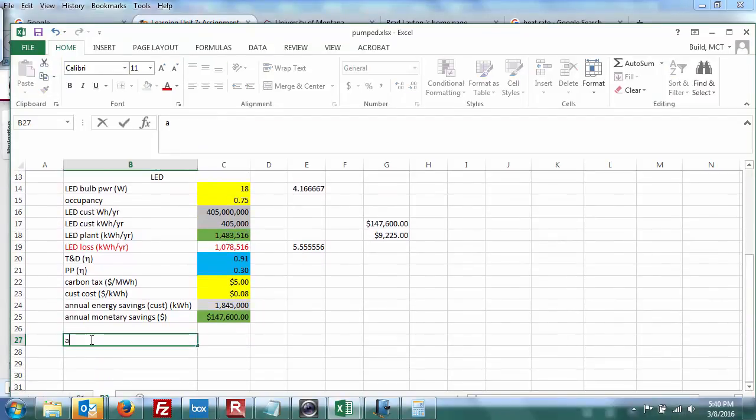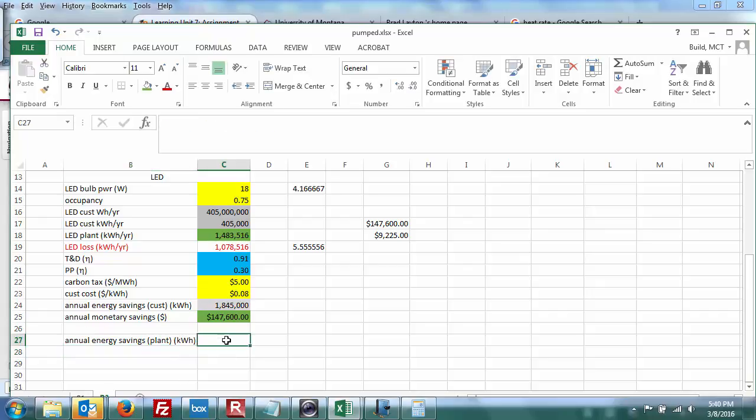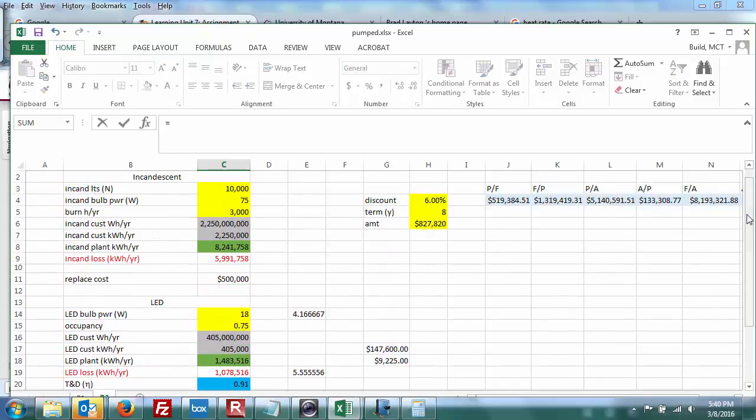What about the discount rate in the program? Yeah, we'll get to that. So the plant is going to save this much, equals what they're burning at the plant, minus the LEDs.